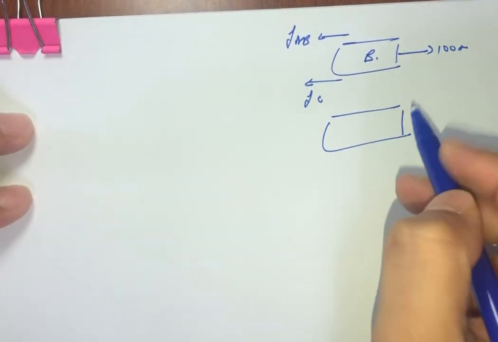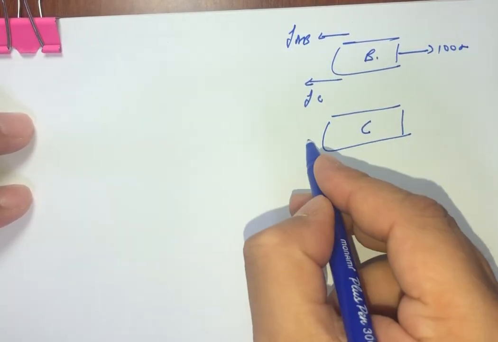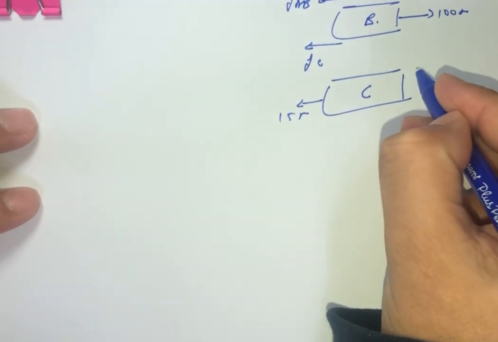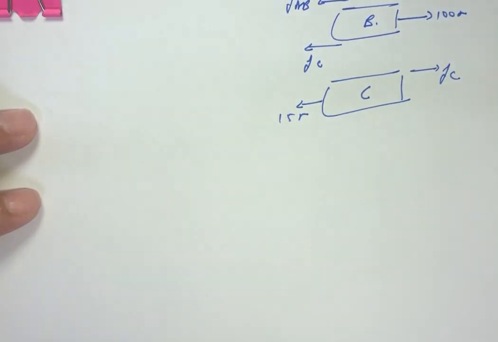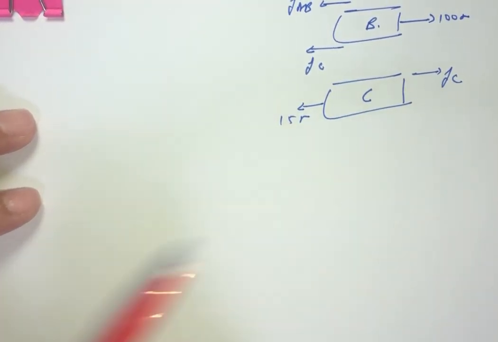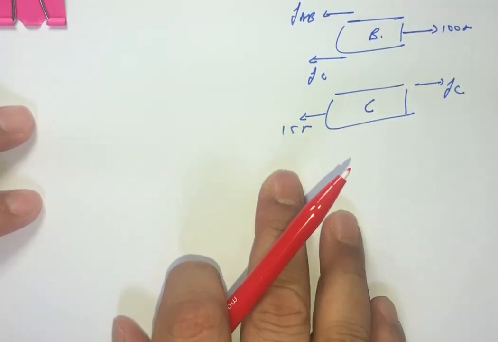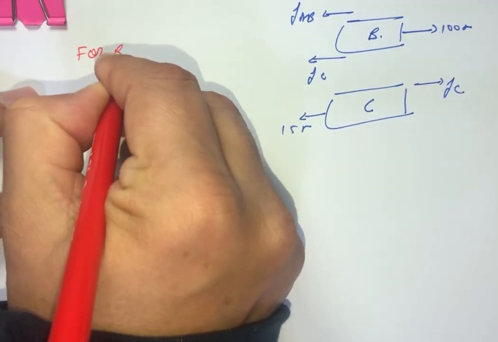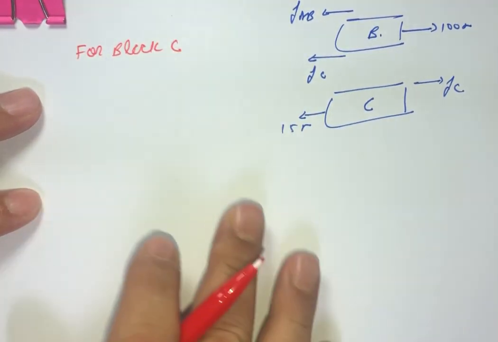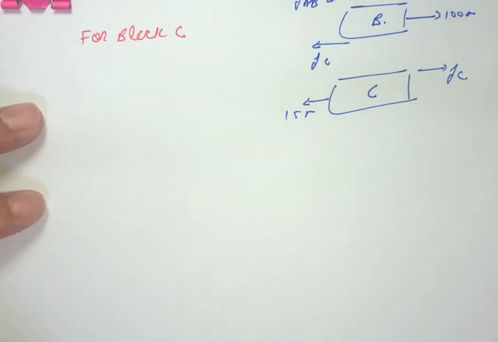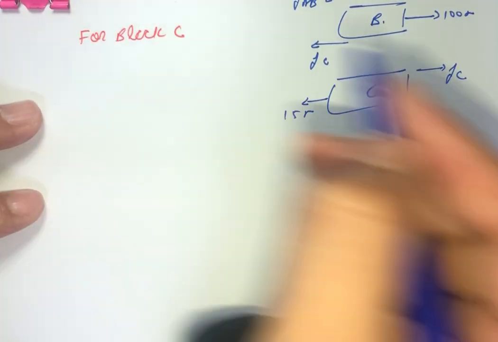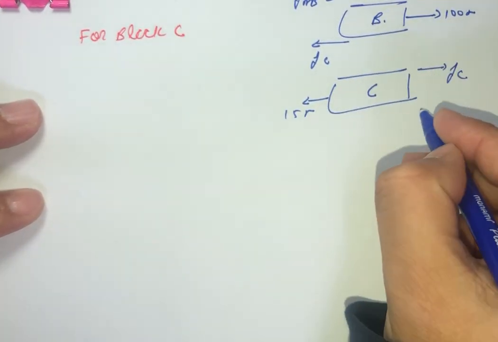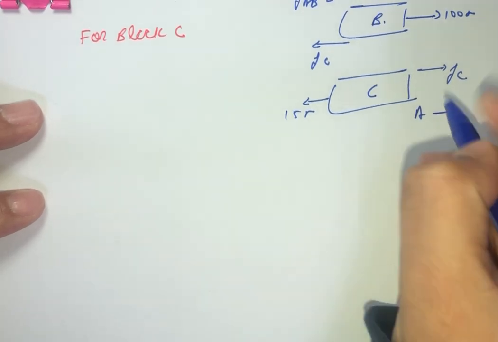And this is C block, whose applied force is 15 Newton, and there is friction FC in this direction. So we can find out what will be the value of the friction for block C. For block C, it is moving with the acceleration A in this direction.